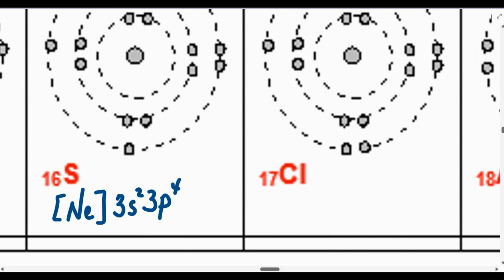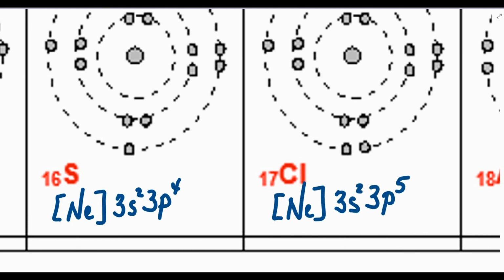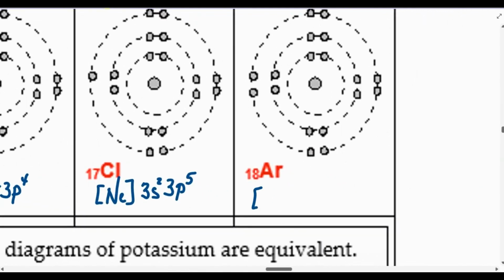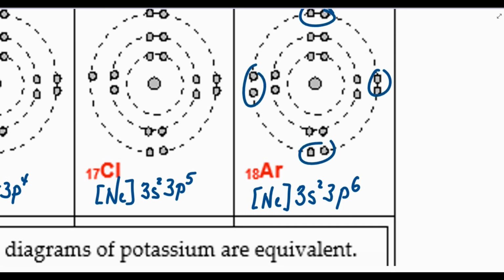Oxygen is 2s2, 2p4. Chlorine, 7 valence electrons. The first 10 are like neon, then we have 3s2, 3p5. What about argon? Well, the first 10 are like neon, and then we have 3s2, 3p6. And there are the 8 electrons in the valence shell, 2 in the s orbital, and the remaining 6 in the 3p orbitals.